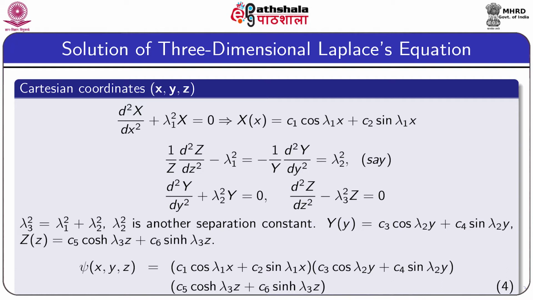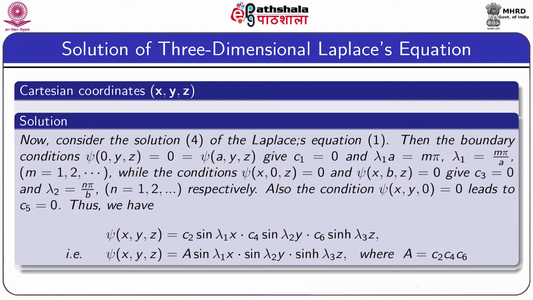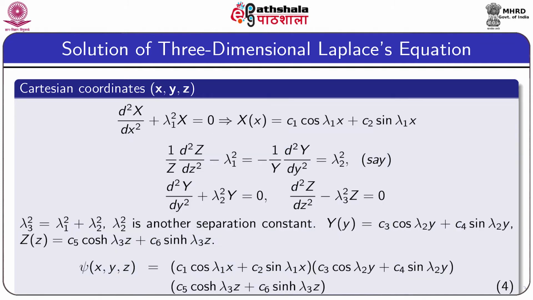So, psi at y equals 0 implies C3 equals 0. In a similar way, if we apply the boundary condition psi at y equals b is 0, then it will give sin lambda 2 b equals 0. With a similar argument we can say that C4 cannot be 0, otherwise it will give a trivial solution.